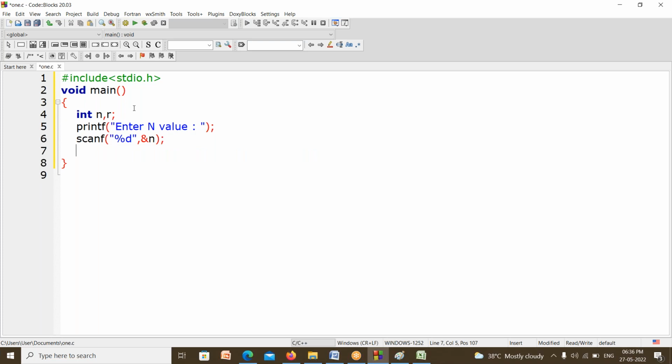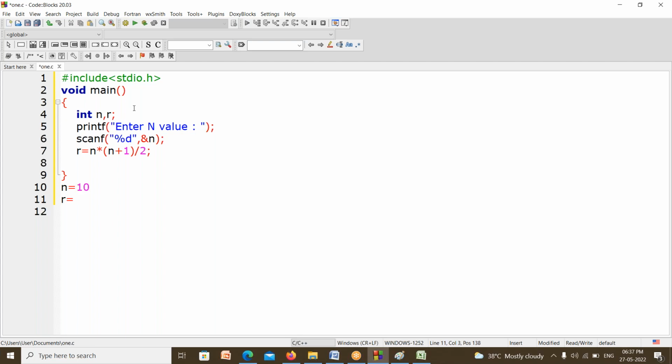Now, after reading the n value, you have to find the sum of n natural numbers. Do you know the formula to find the sum of n natural numbers? n into (n plus 1) by 2. Suppose the n value is 10.